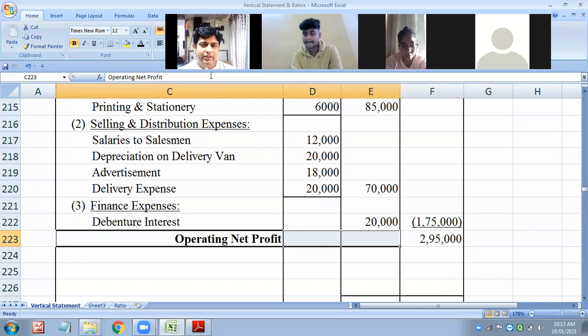I hope the other students are able to connect to what the discussion is. This logic only you have to apply. If you apply the logic, even though you are not remembering the entire format, you can still understand and write where these items are to be reflected.